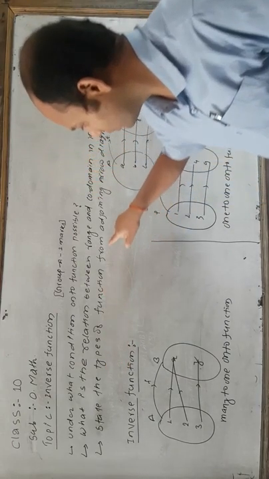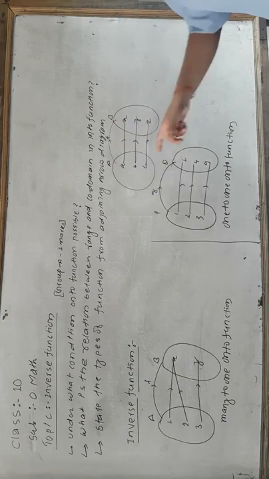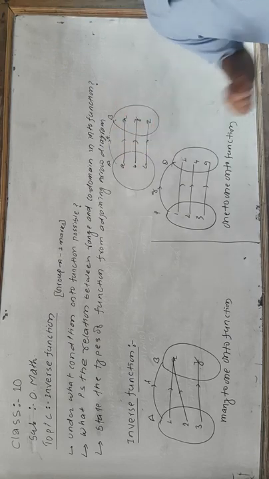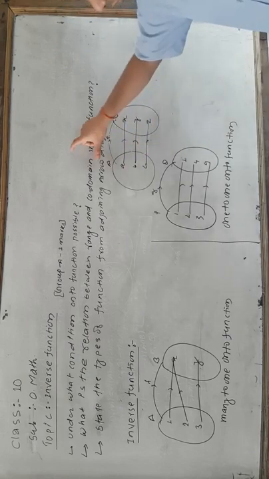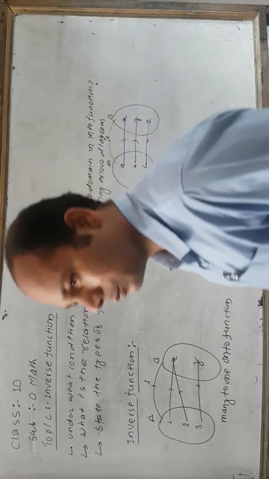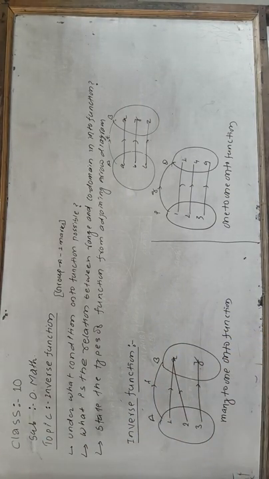State the types of the function from the adjoining arrow diagram. Here is an arrow diagram which represents a function. You state its type. All of you write the questions, and when you complete the answers, you will send me the answers in my messenger.